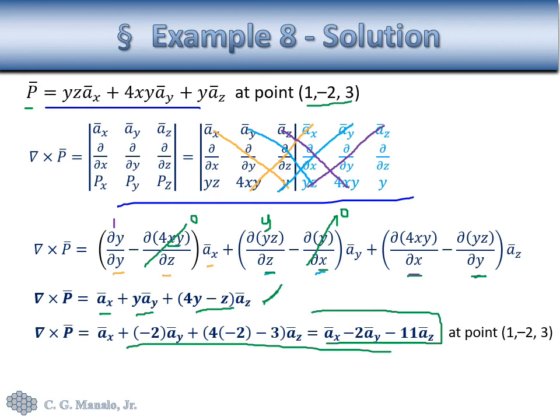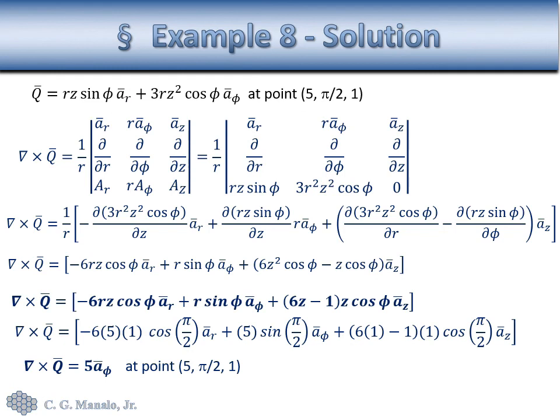So this is the curl of the vector field P at the point with coordinates 1, -2, and 3.